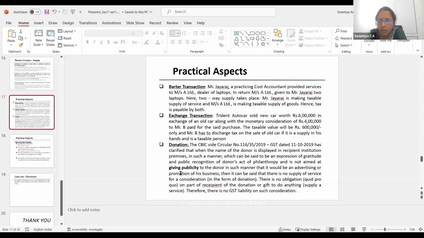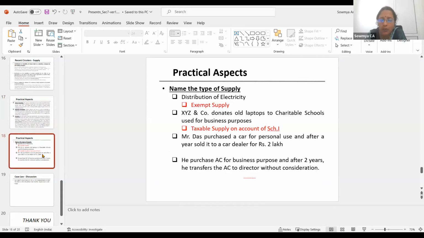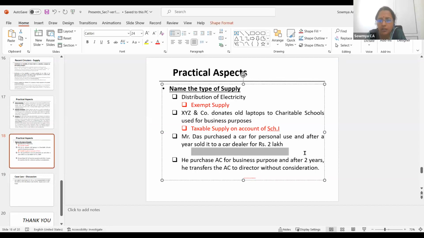But if it is an old laptop and already name is printed which cannot be removed, then we cannot say that it is aimed at making an advertisement. So we'll have to see with the facts of the case.